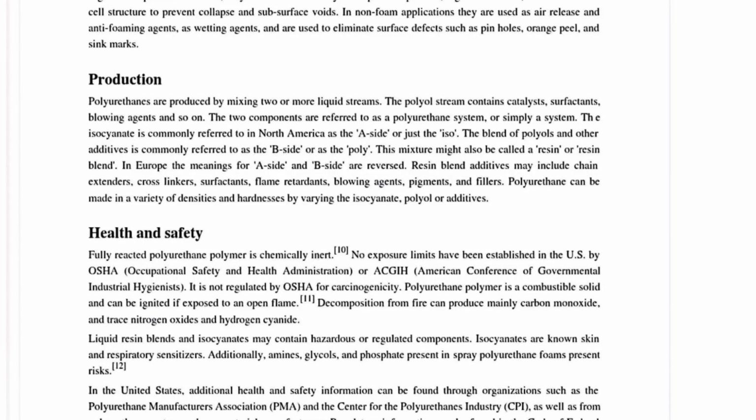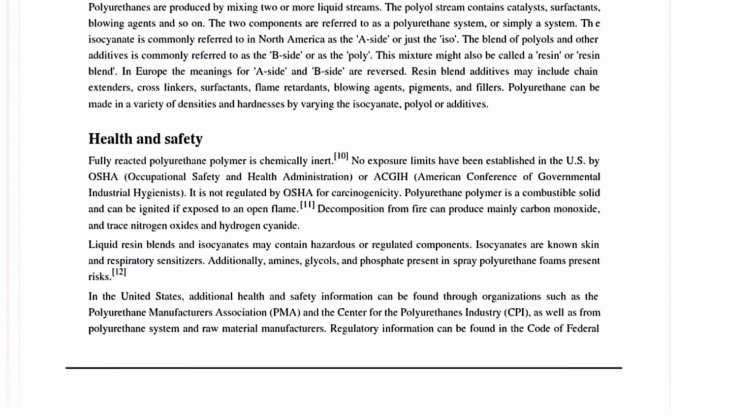Additionally, we utilize an amine glycol phosphate spray to mitigate the risk. This is all about polyurethane, its various raw materials, and its reaction chemistry. Later, we will study polyurethane based on its uses.